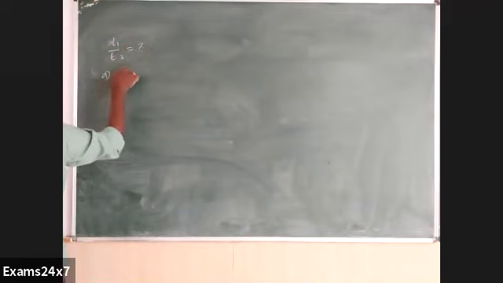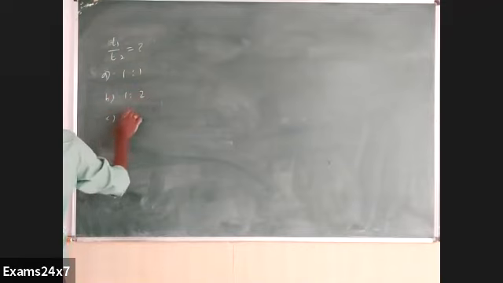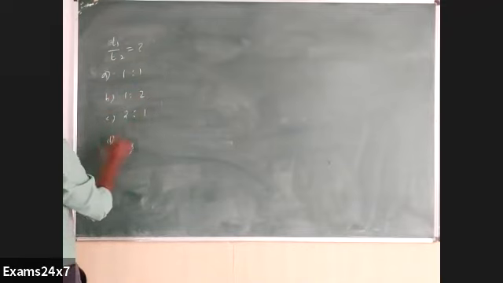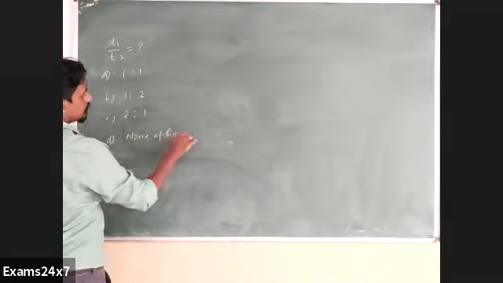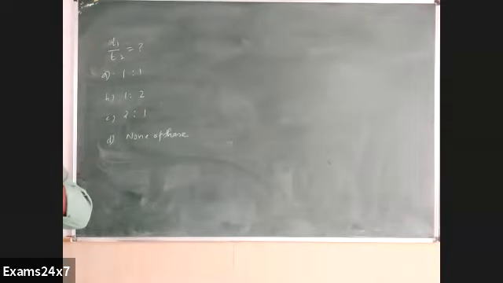The ratio of t1 by t2 is: a) 1 is to 1, b) 1 is to 2, c) 2 is to 1, d) none of these. Options are also given.